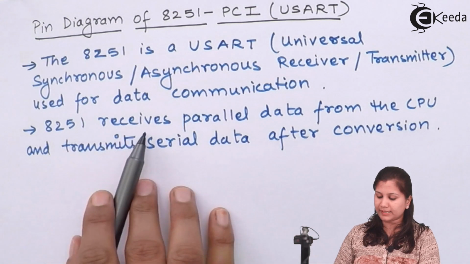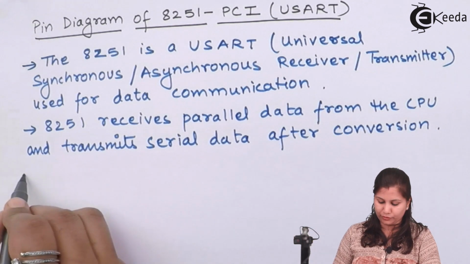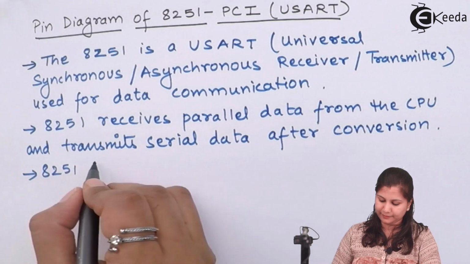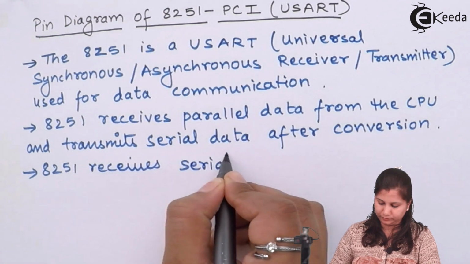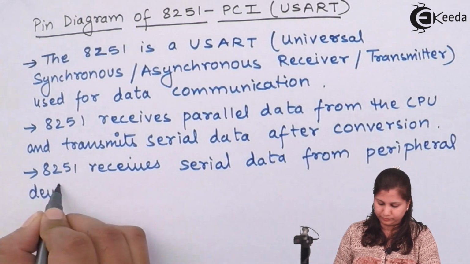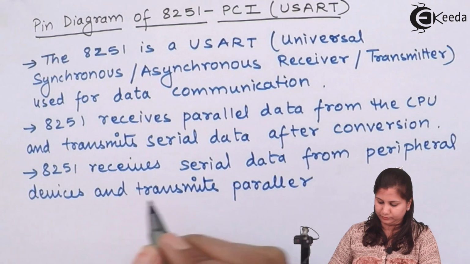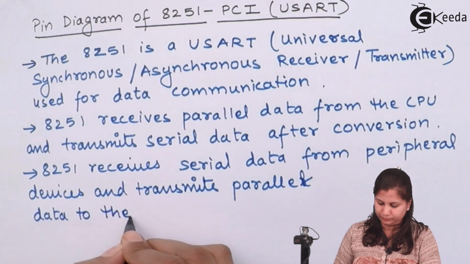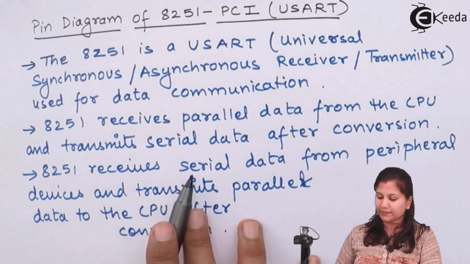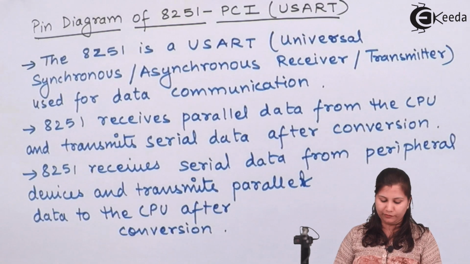So 8251 receives parallel data from the CPU and transmits serial data after the conversion. This device also receives serial data from the peripheral devices and transmits parallel data to the CPU after conversion.